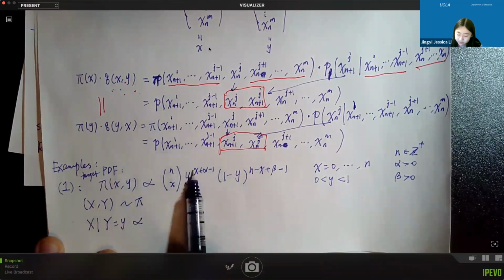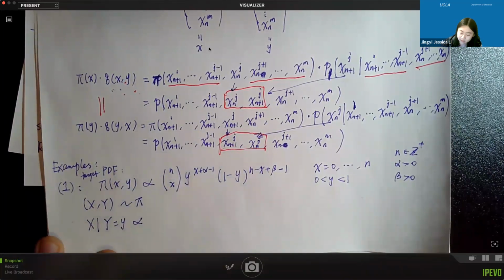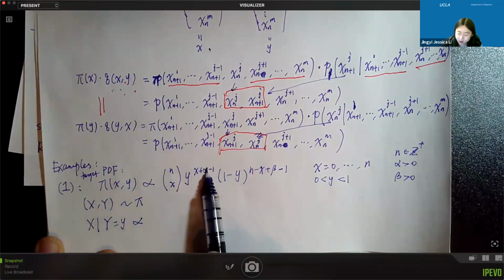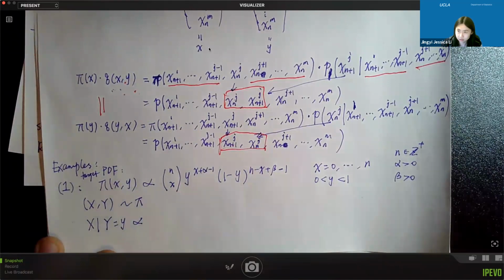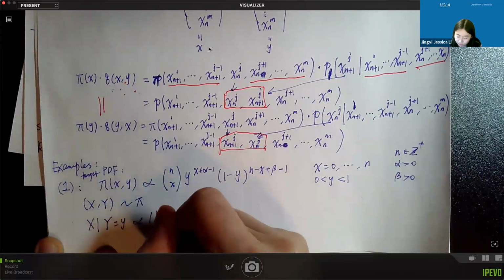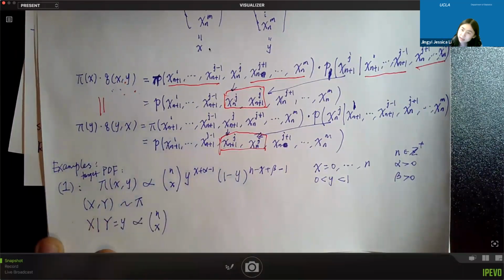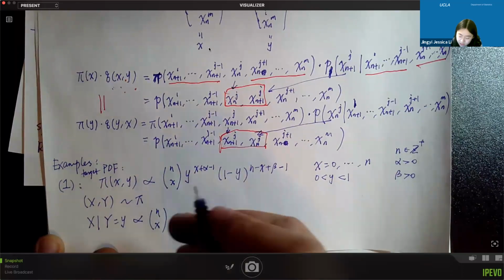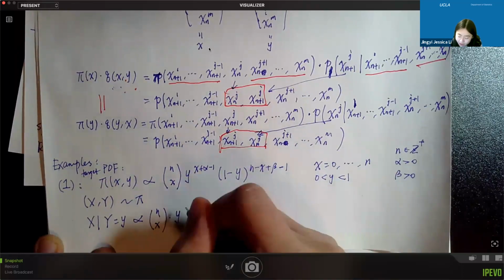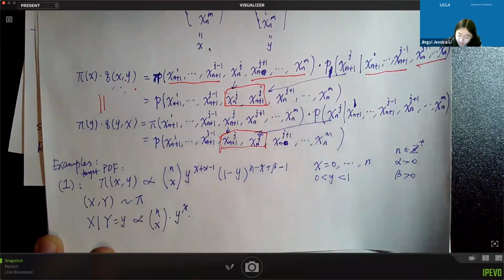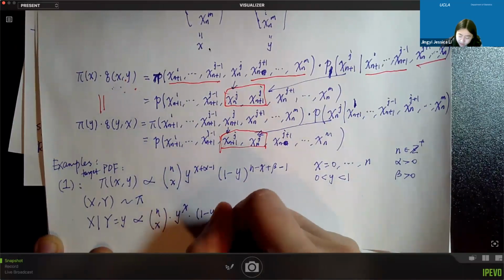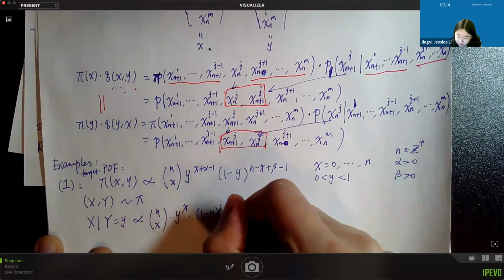So basically, if we have y set to be this, then this is proportional to, I can get rid of the things that have nothing to do with x. For example, y to the power alpha is a constant now. I can just keep the term involving x. So this gives me n choose x times y to the power x times 1 minus y to the power n minus x.